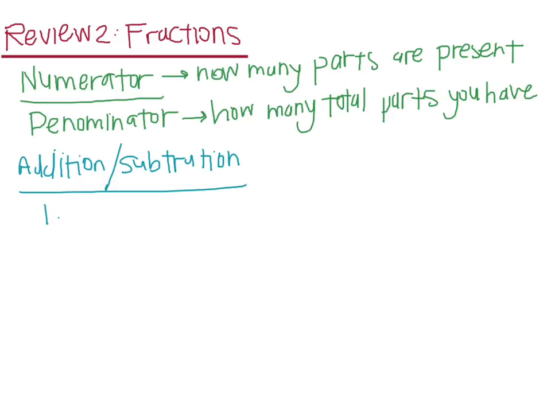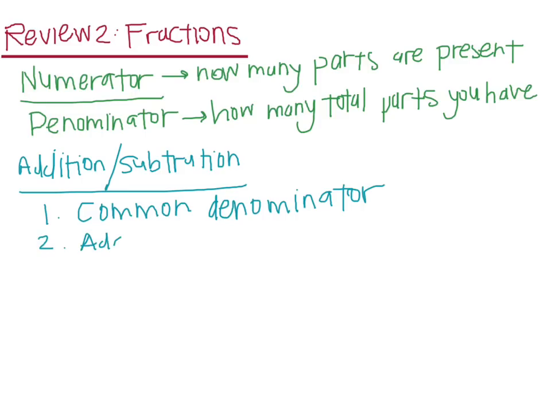So number 1, I need a common denominator. That means that the bottom number on both of my fractions has to be the same in order for me to add or subtract. The second thing is that you just add or you just subtract straight across the numerator.